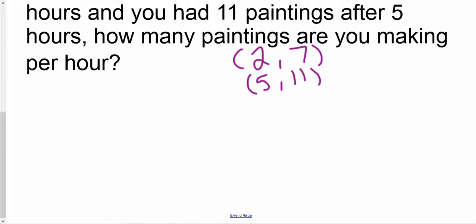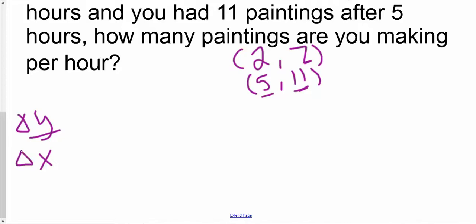So we have these two coordinates, right? 2 comma 7, 2 hours, 7 paintings, 5 hours, 11 paintings. And we're going to figure out the rate of change, meaning how many paintings per hour we're making. So we're going to do y's on top, x's on the bottom. Delta means change. It means subtraction.